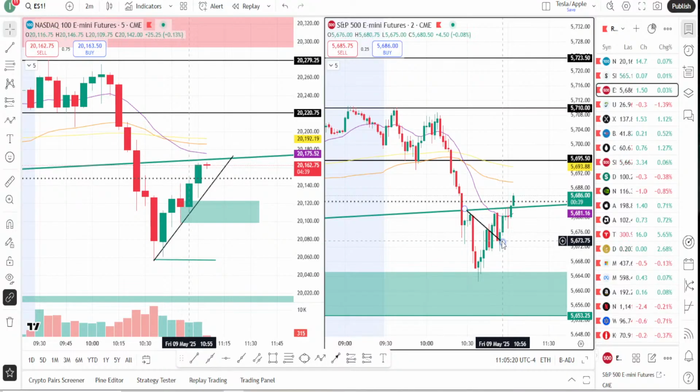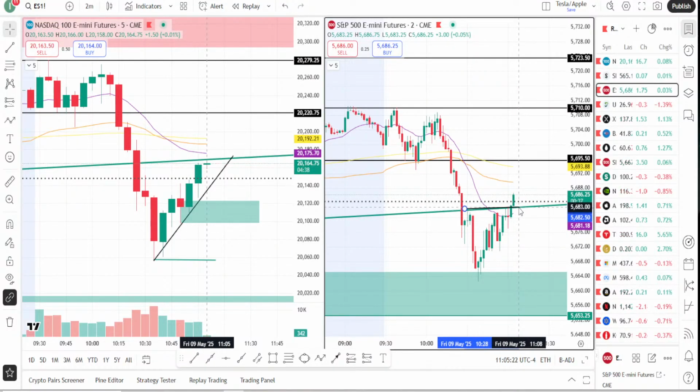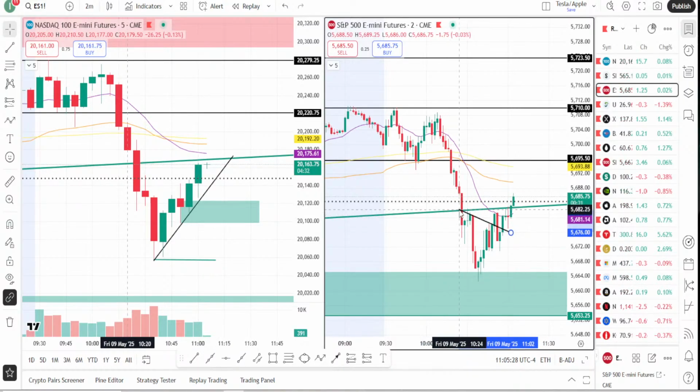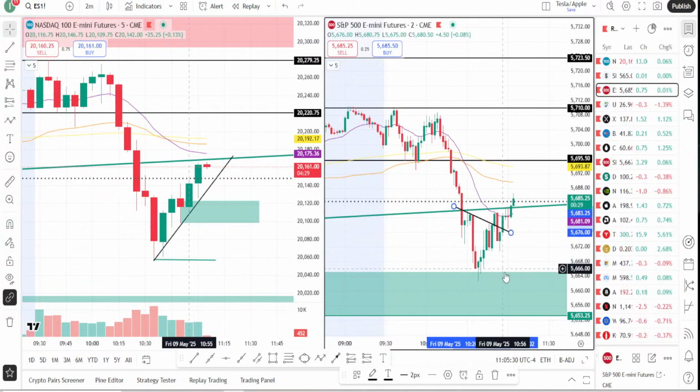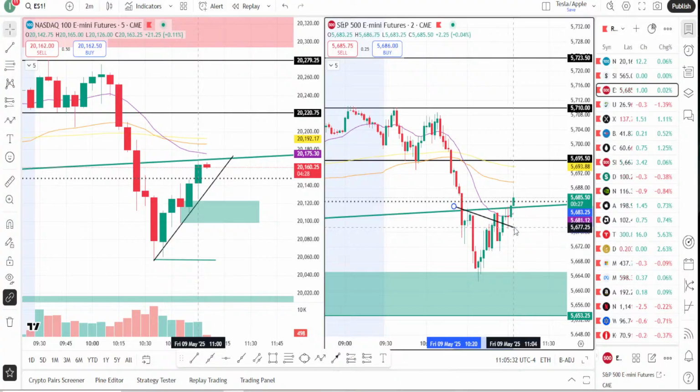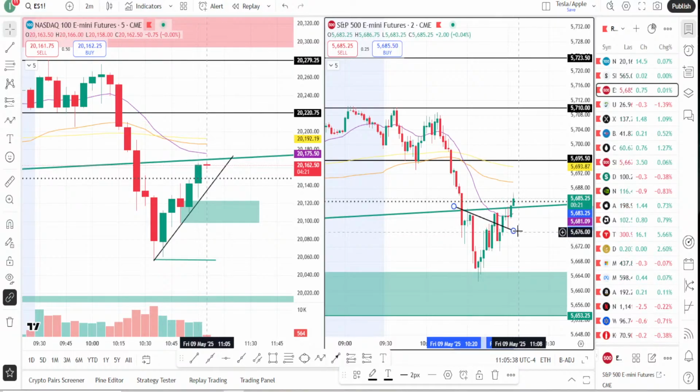Yep, that did look like head and shoulders or something. Maybe like this. And we got a break of the neckline. Find support, break and retest.